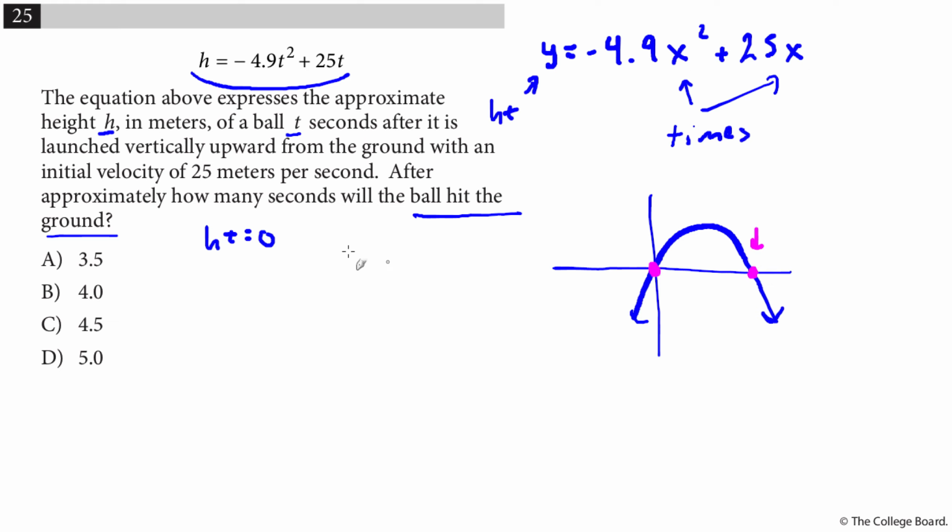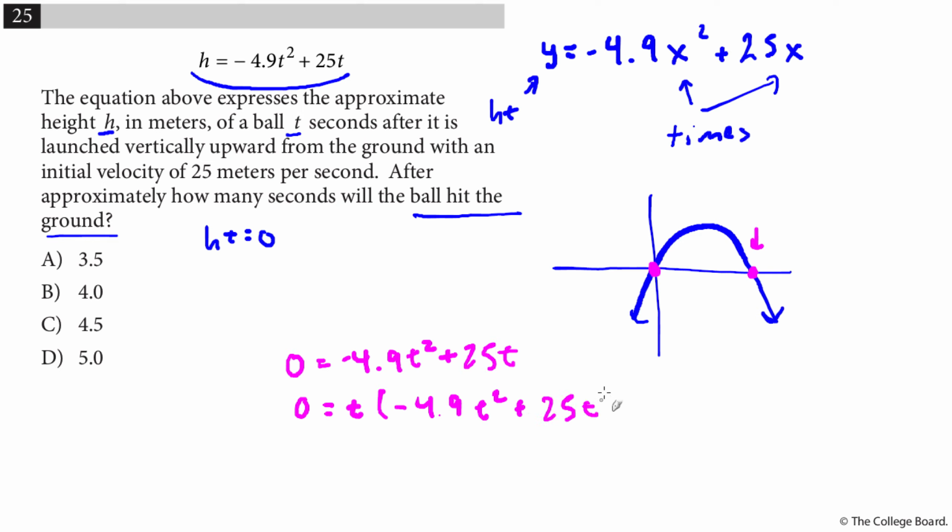Same reason, keep in mind that hitting the ground means the height is 0. So I'm going to take this equation and make the height equal to 0. And now I just need to solve this, which is actually not too bad. This is a quadratic equation, but since it does not have a c term, the constant is 0, I can just factor out the t. So I'll get 0 equals t times negative 4.9t plus 25. Sorry, I factored out the t, so that should just be negative 4.9t, not negative 4.9t squared.